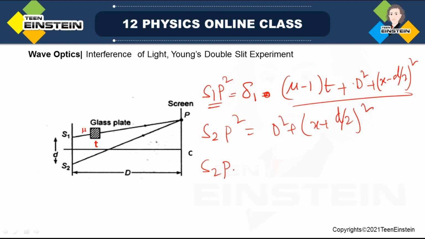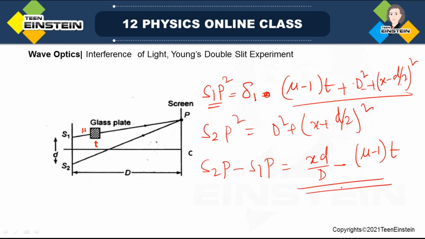Now if you do this same calculation, from here you will get xd by capital D minus this (mu minus 1) into t. So this much extra path difference you will get.